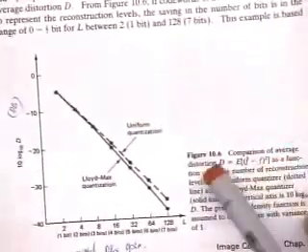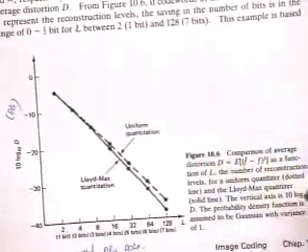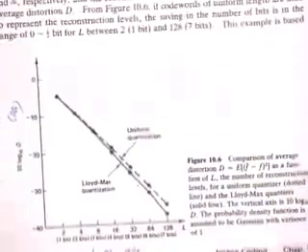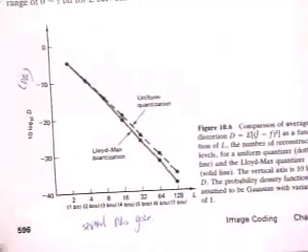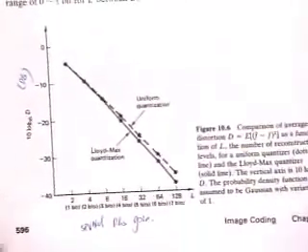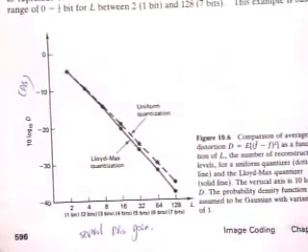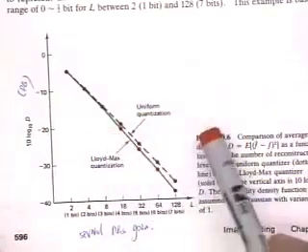Figures 10.8 and 10.6 compare the performance of two schemes. One is the Lloyd-Max quantizer, and the other one is uniform quantization. We can see that in terms of the MSE metric, the Lloyd-Max quantization outperforms the uniform quantization.